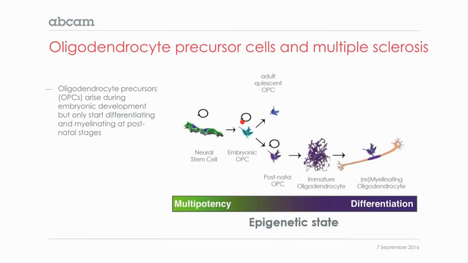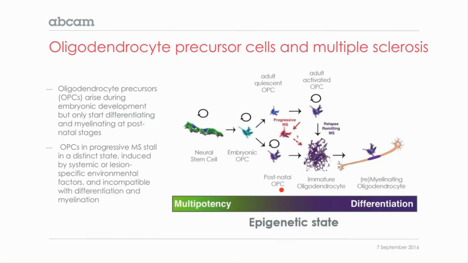And these neural stem cells originate embryonic oligodendrocyte precursor cells, OPCs, that throughout embryogenesis remain proliferative and only at postnatal stages start differentiating and then producing the myelin.